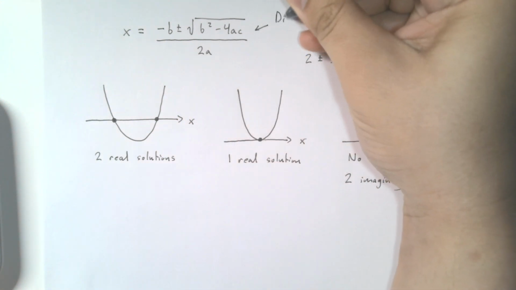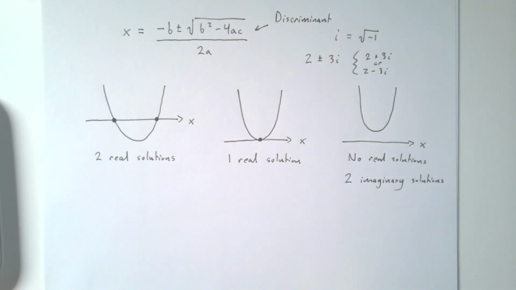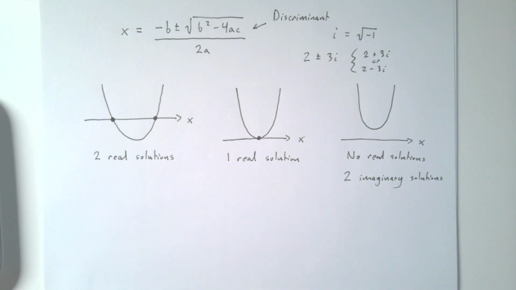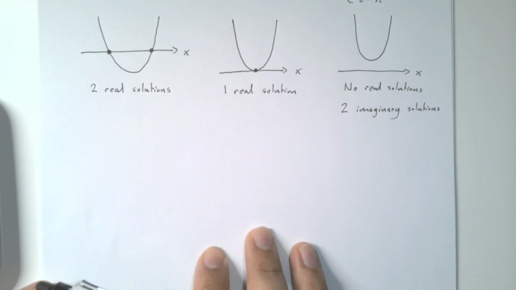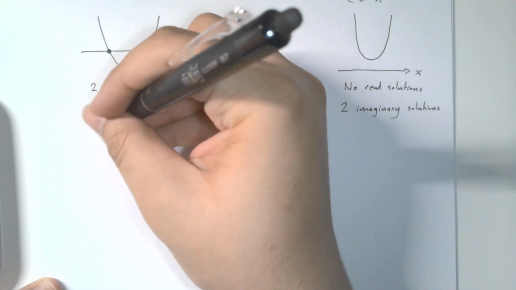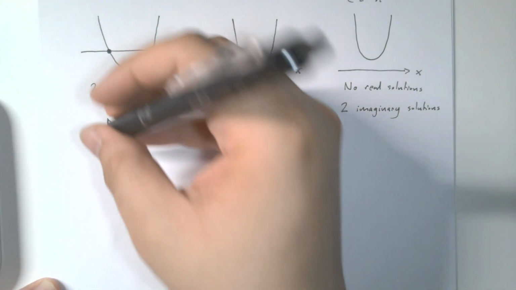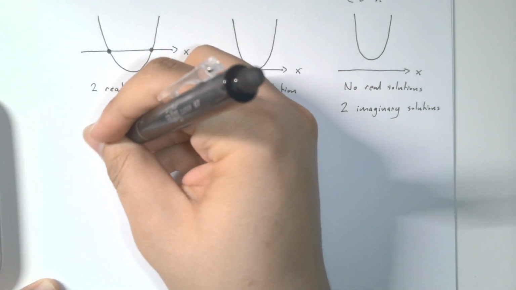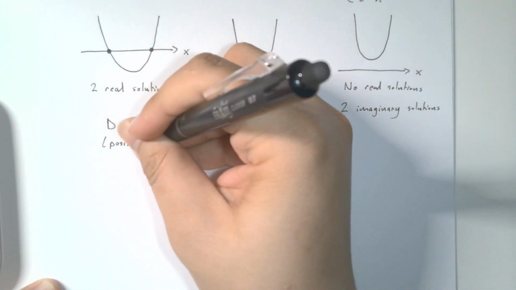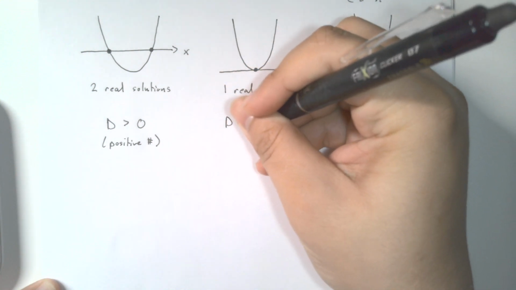So again, this is called the discriminant. And depending on the value of the discriminant, it will tell us what kind of solutions we have. So for two real solutions, we'll call our discriminant D. When our discriminant is greater than 0, aka when it's a positive number, we have two real solutions.